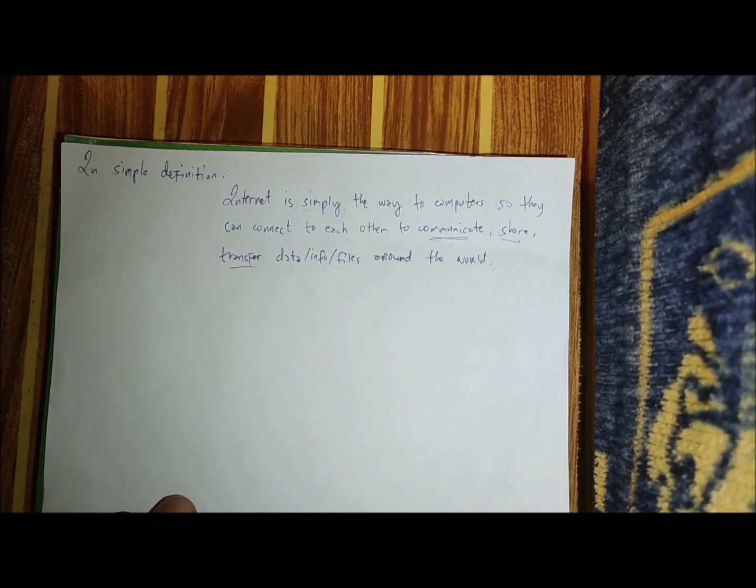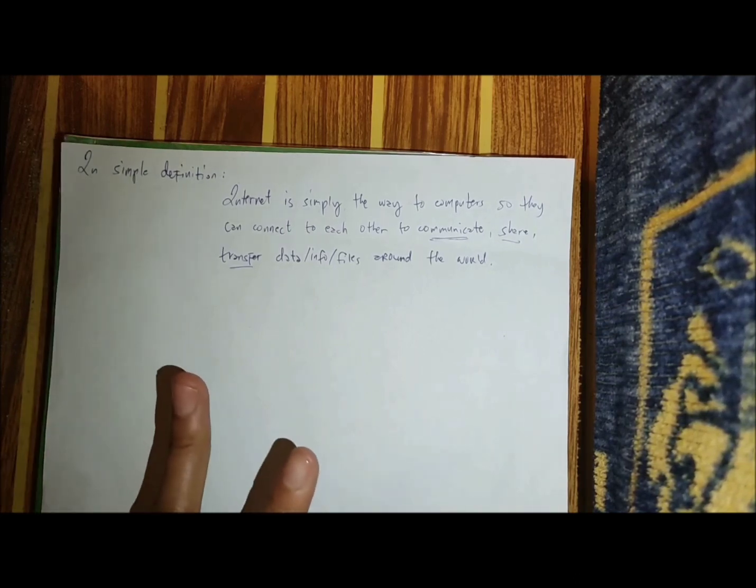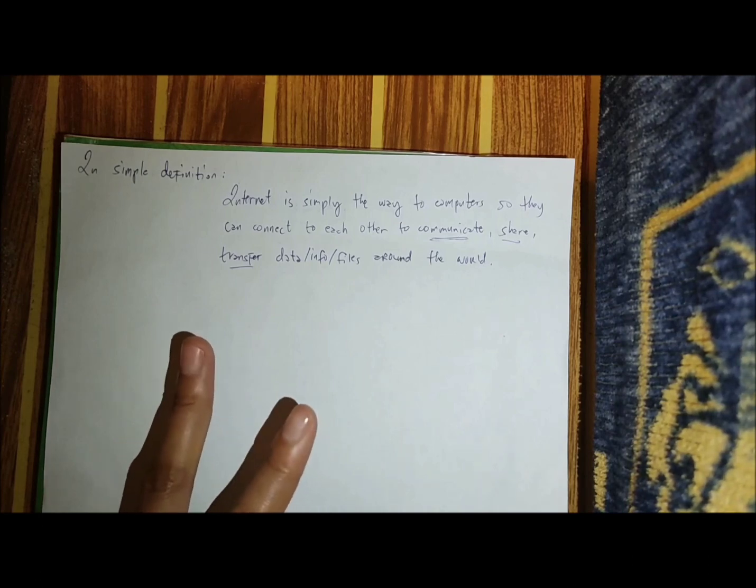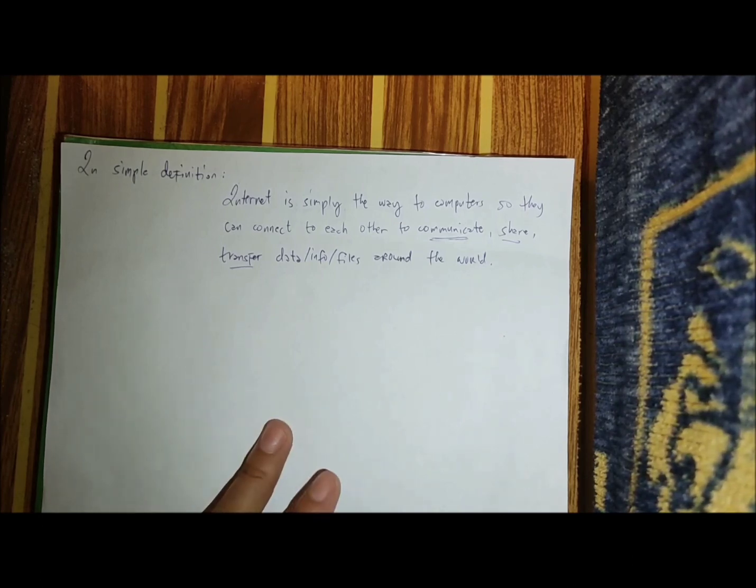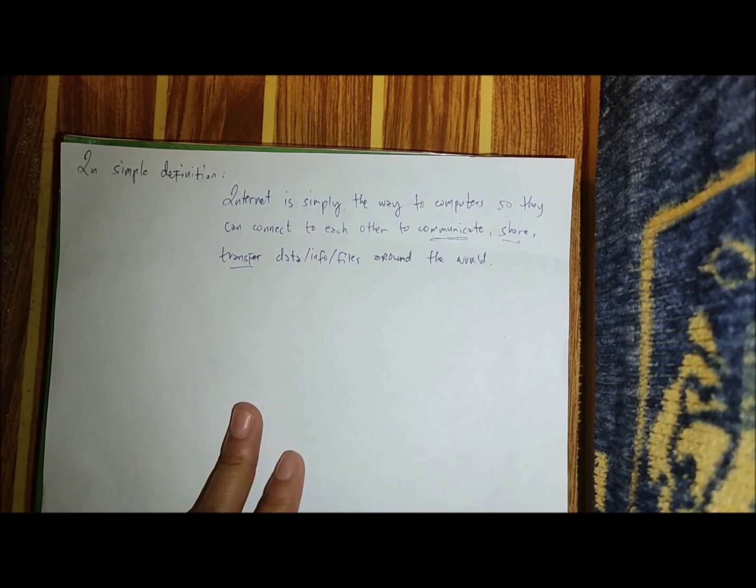So it's an unseen process. The internet is available in both modes, wired internet and wireless internet.